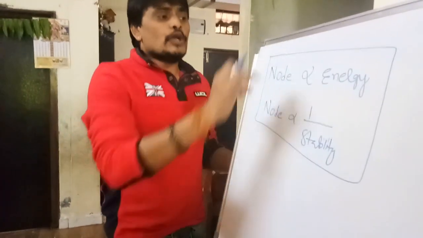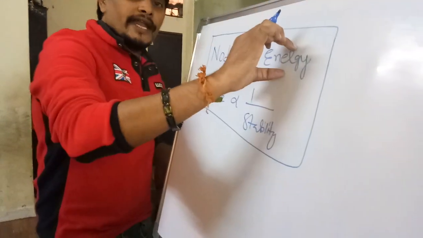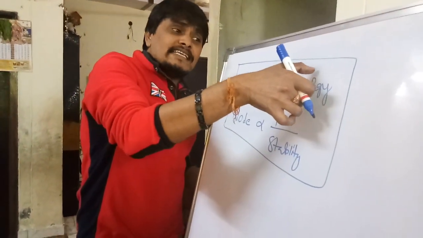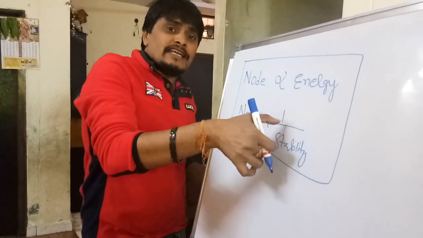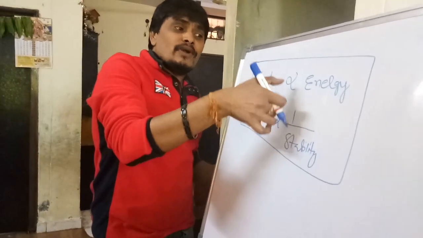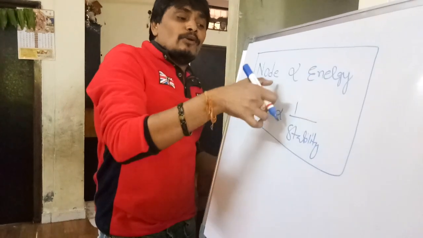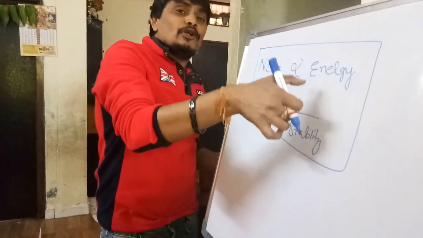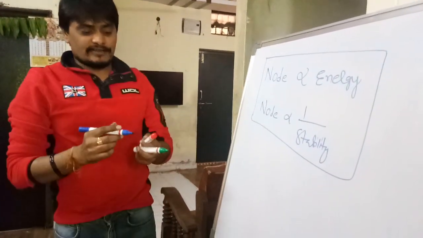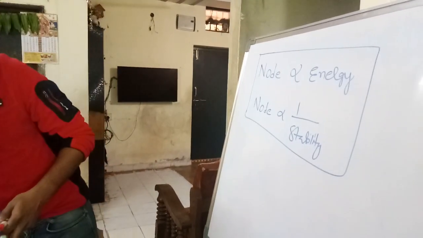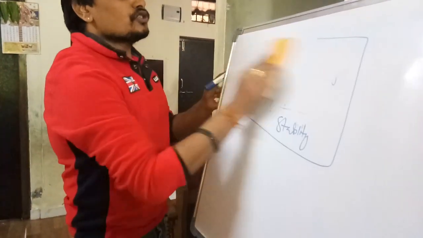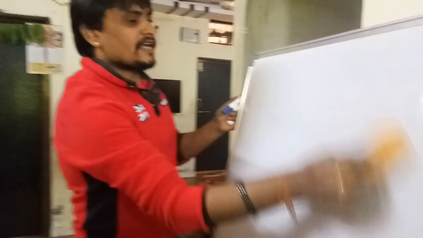So do remember that node is directly proportional to energy, and as energy is inversely proportional to stability, node is inversely proportional to stability. Right? I hope you understood this concept. Node is directly proportional to energy. Right?